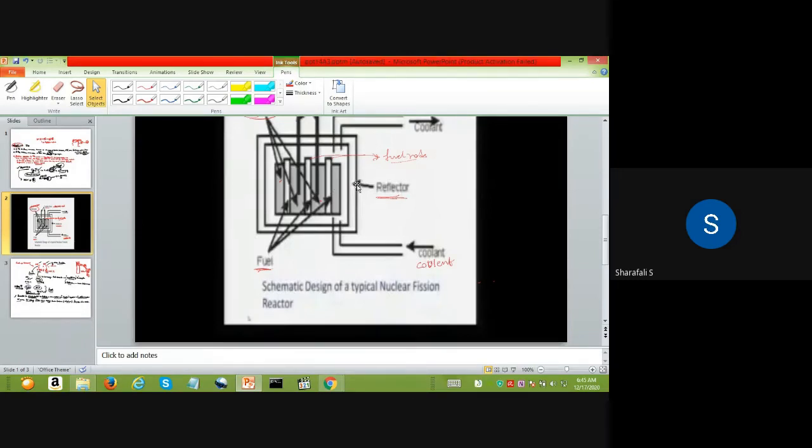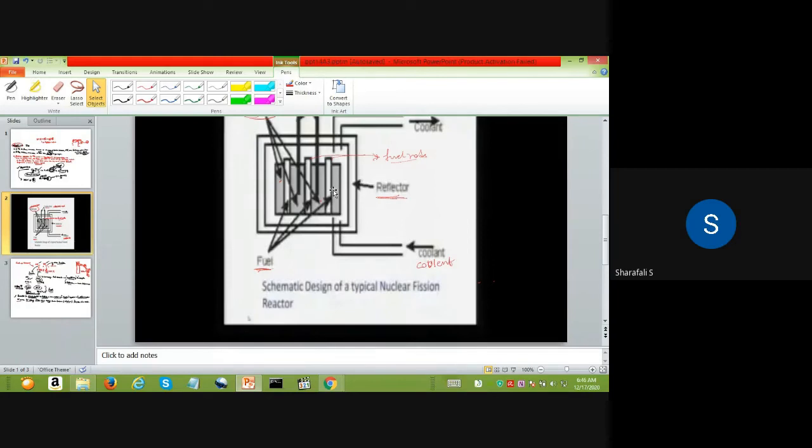And the next one is the reflector. You can see here, the reflector. This reflector is used for any neutron coming out from the core region, from the moderator; it will reflect it back into this moderator or core region of the nuclear reactor.